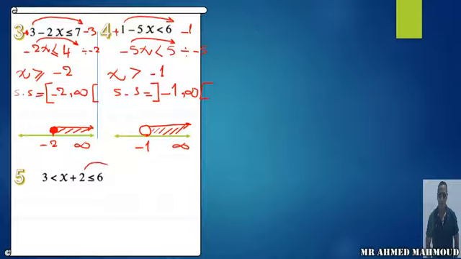Then I'm going to send plus 2 here as minus 2, and I'm going to send it here also as minus 2. It will be 3 minus 2 equals 1, less than x less than or equal to 6 minus 2 equals 4.